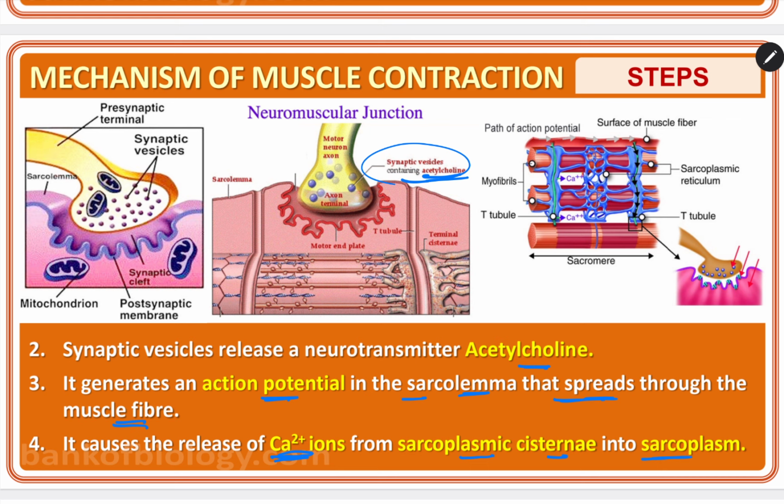As I told you, after the acetylcholine comes, it generates the action potential, which spreads through the sarcolemma and the muscle fiber. It causes the release of calcium ions. You can see in this diagram, calcium ions are released from the sarcoplasmic cisternae into the sarcoplasm.